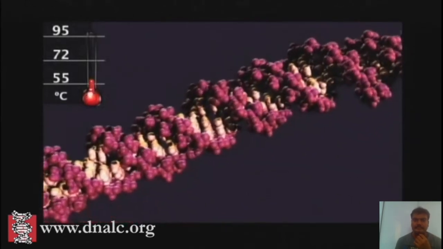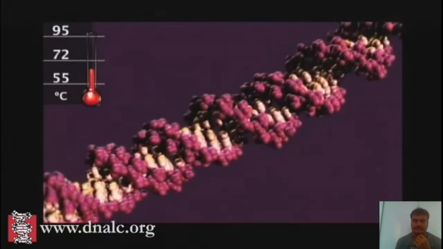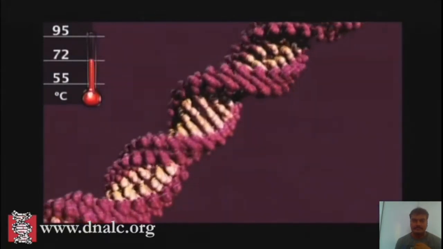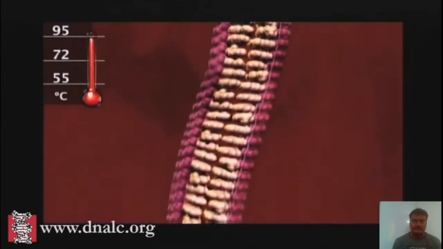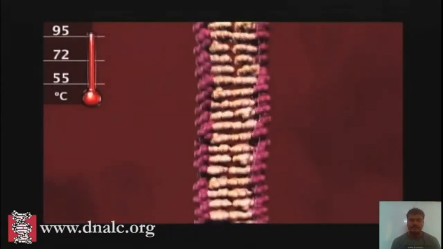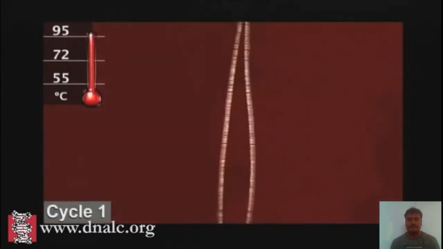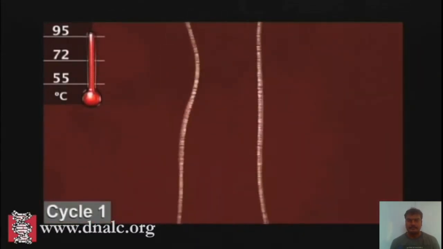Polymerase chain reaction, or PCR, uses repeated cycles of heating and cooling to make many copies of a specific region of DNA. First, the temperature is raised to near boiling, causing the double-stranded DNA to separate, or denature, into single strands.